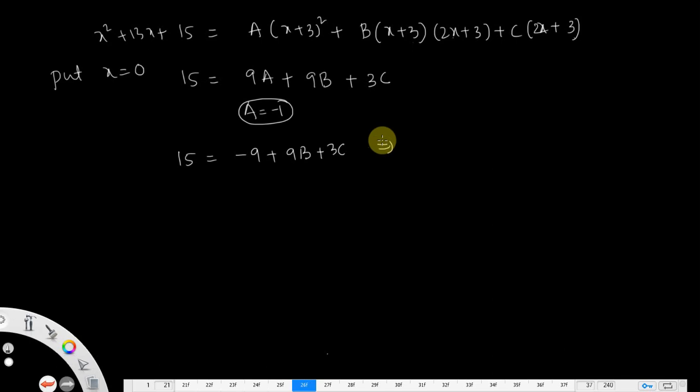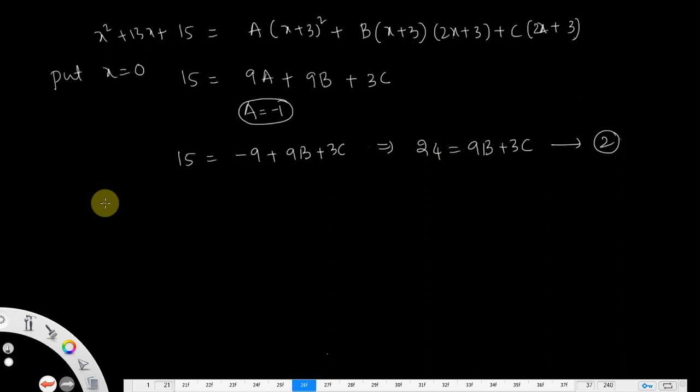In this we get 15 plus 9, that is 24. Keep this as the second equation.